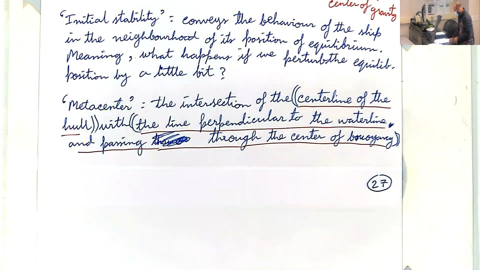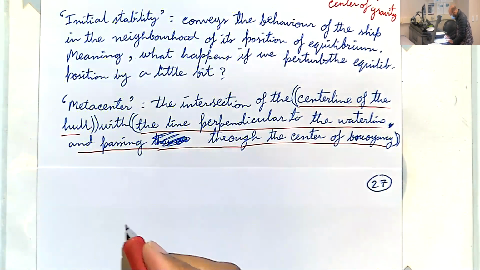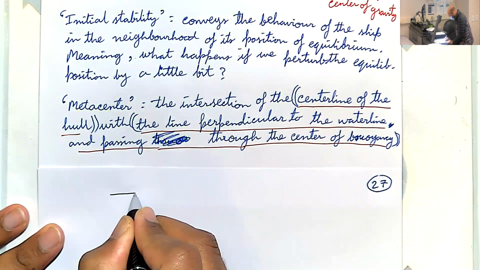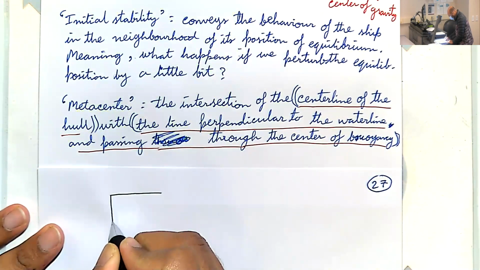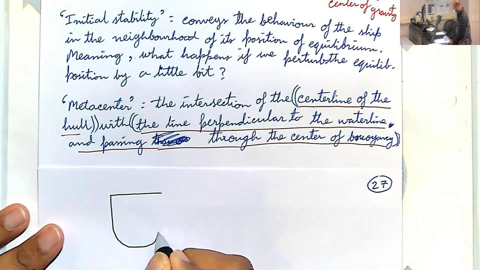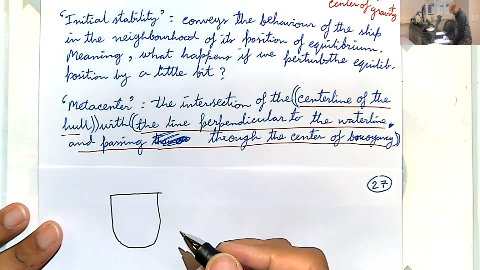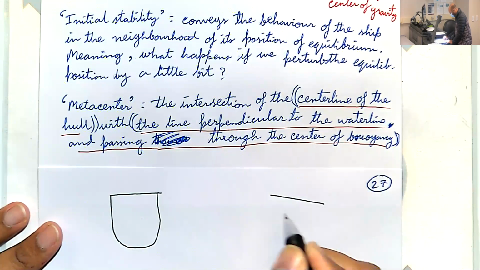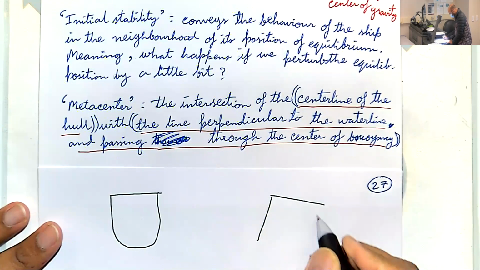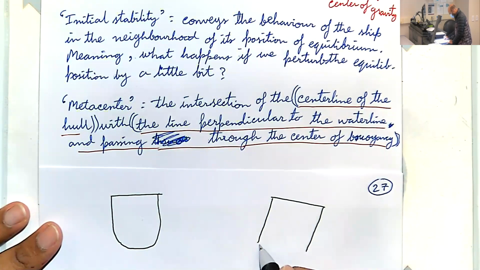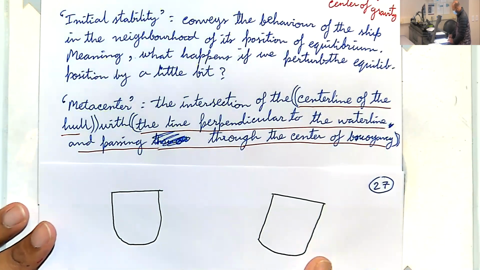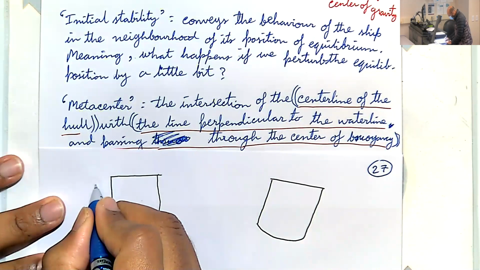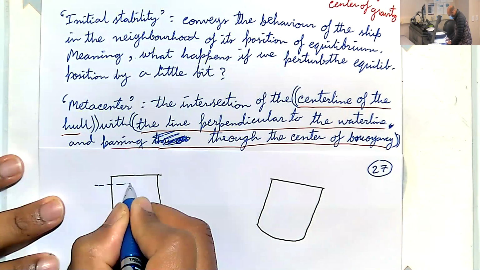All right. So we will basically draw a hull that's fully upright at first. And then the same hull is tilted over slightly. Let's say the water line is over here.